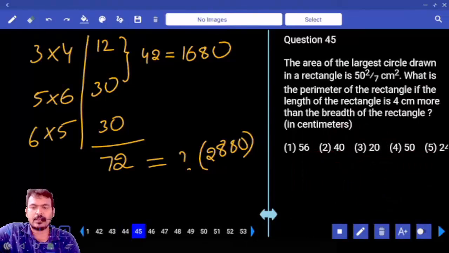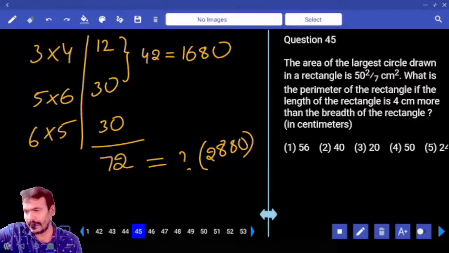Question number 45. The area of the largest circle drawn in a rectangle is 352/7 square centimeters. What is the perimeter of the rectangle, if the length of the rectangle is 4 centimeters more than the breadth?